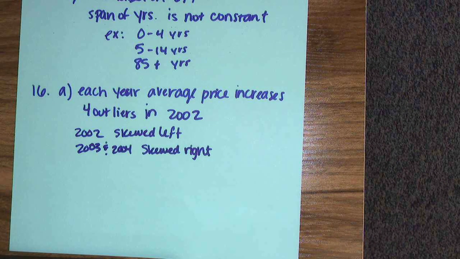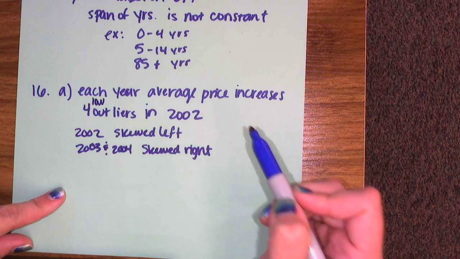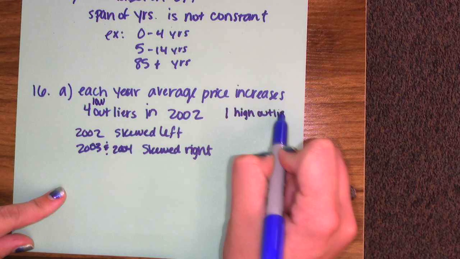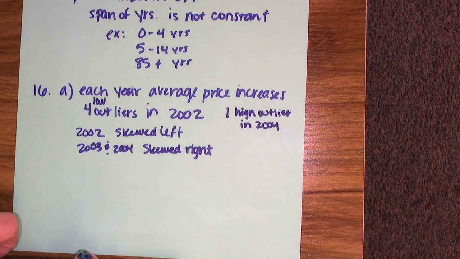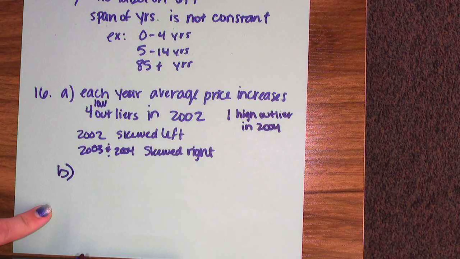Trying to make sure we've covered everything. We should say probably 4 low outliers in 2002, and then we can say 1 high outlier in 2004, just to address that as well. Is there anything else we notice about this? I think that's pretty good.